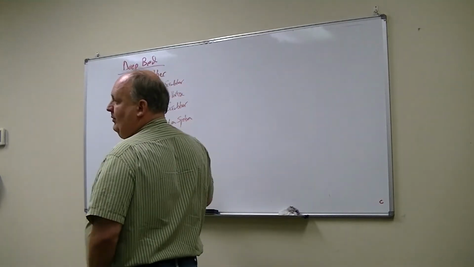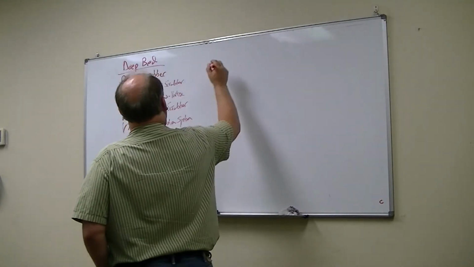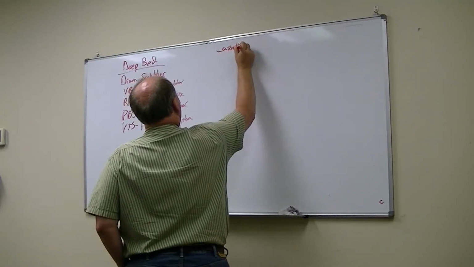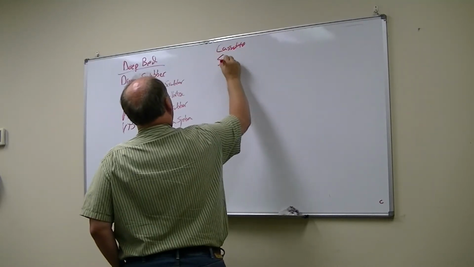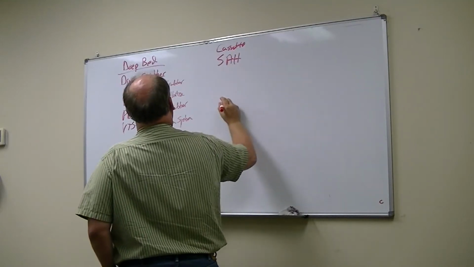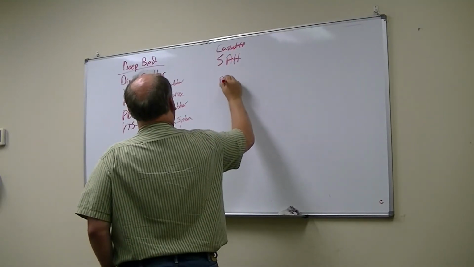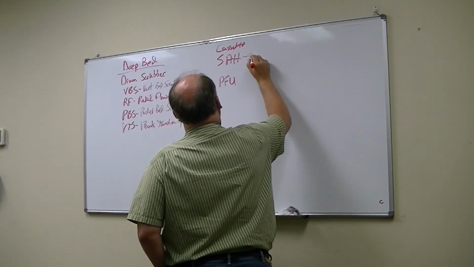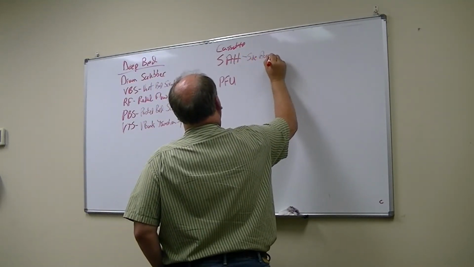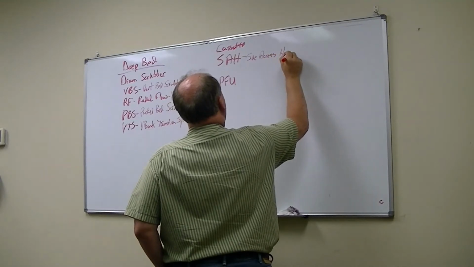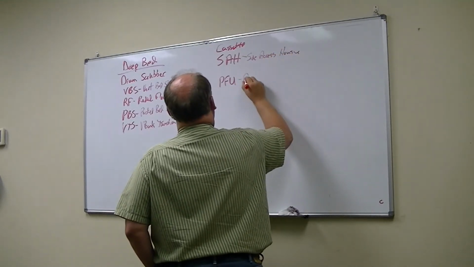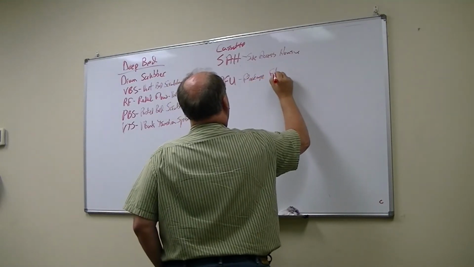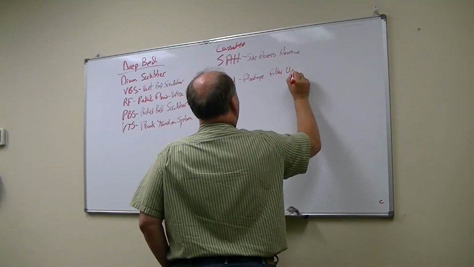And then, aside from the deep bed, we basically just have what we would call the cassette type, which is the SAH model and the PFU. SAH stands for side access housing, and the PFU stands for packaged filter unit.